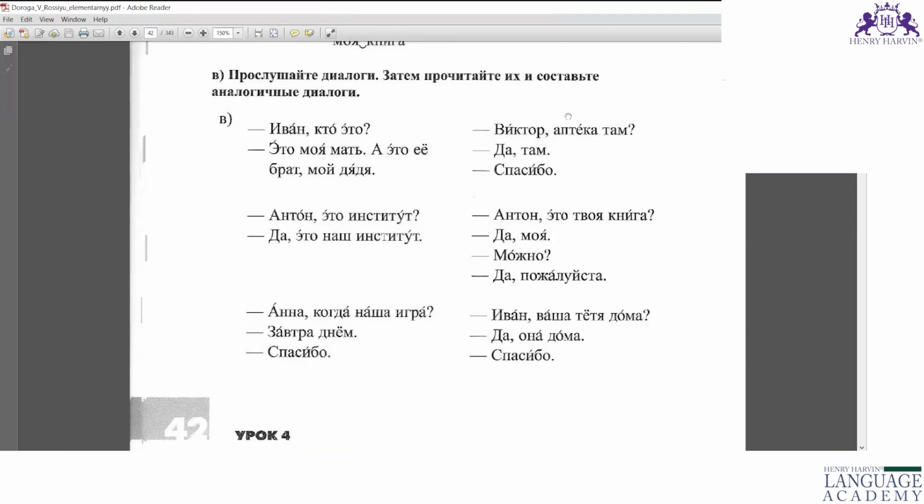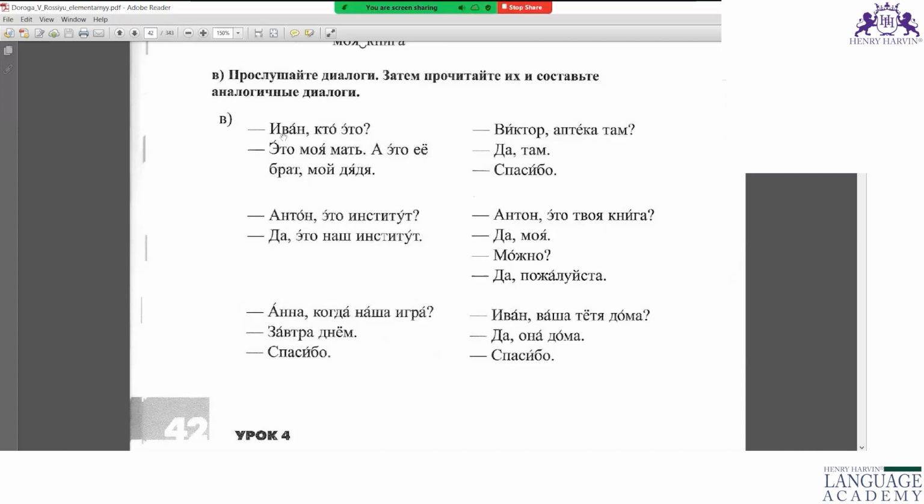Виктор, аптека там? Да, там. Спасибо. Антон, это твоя книга? Да, моя. Можно? Да, пожалуйста. Иван, ваша тетя дома? Да, она дома. Спасибо. Мгм.